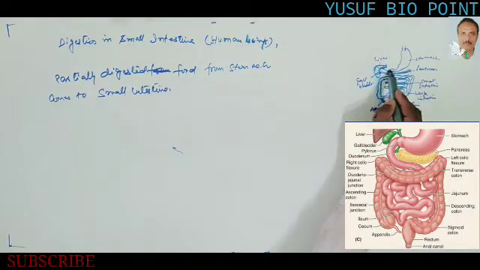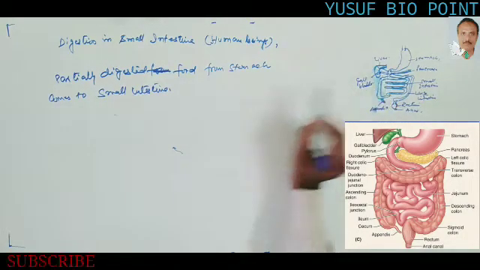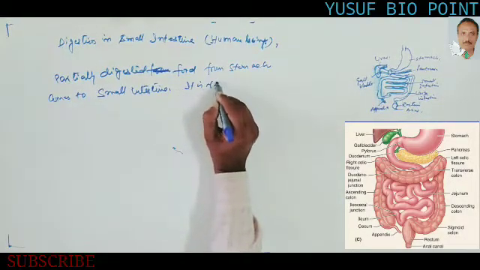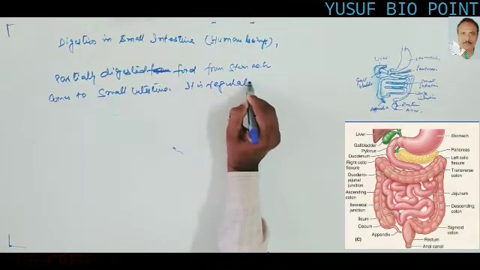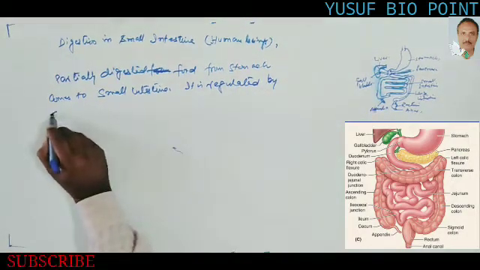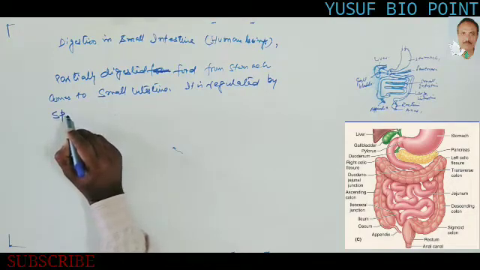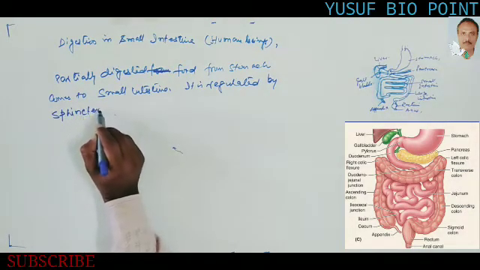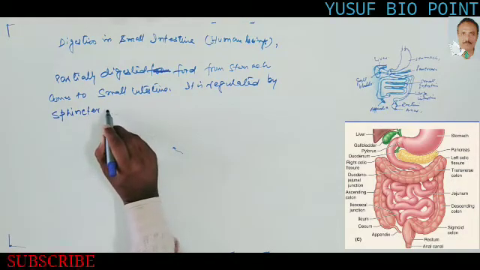At the junction of the stomach and the small intestine, there is a valve called a sphincter, and so it is regulated by a sphincter muscle.